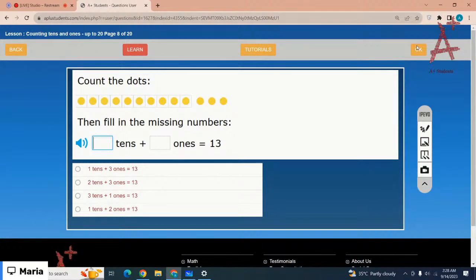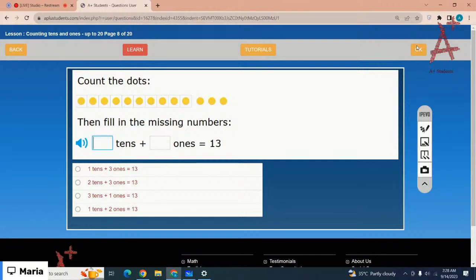Count the dots, which is the correct option. So there are 13 dots, right?